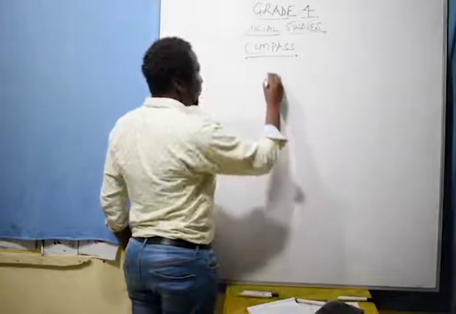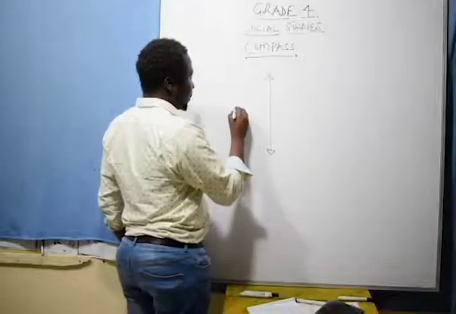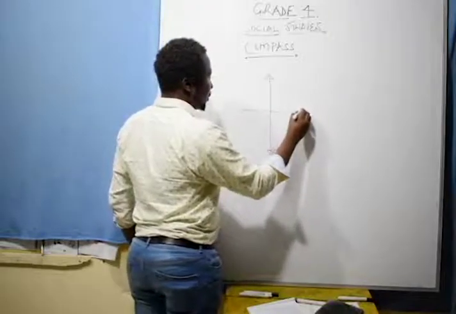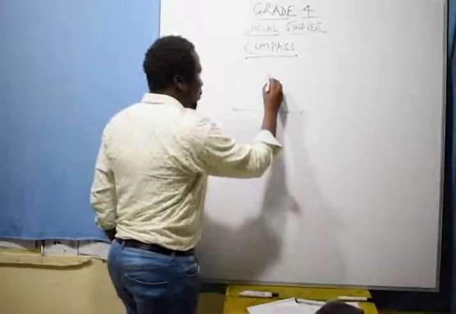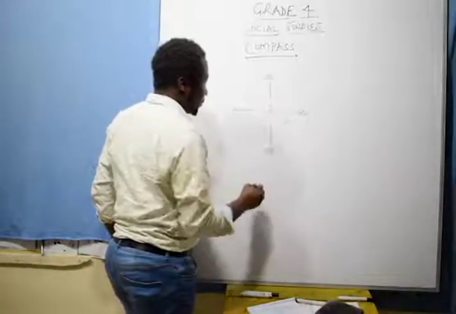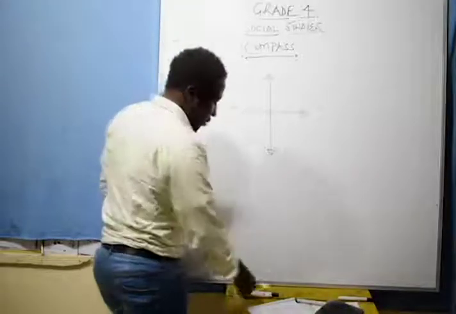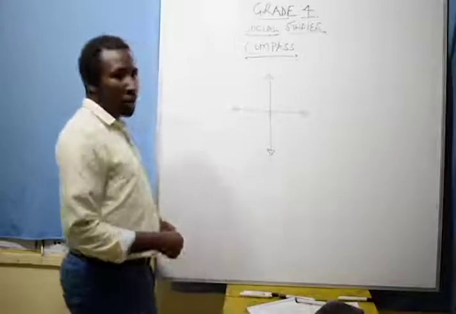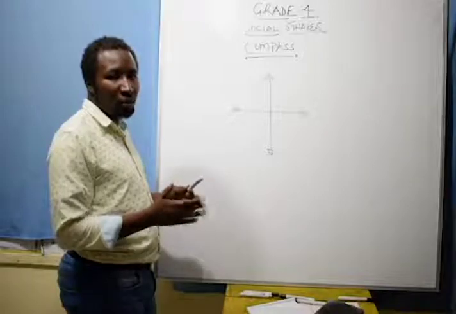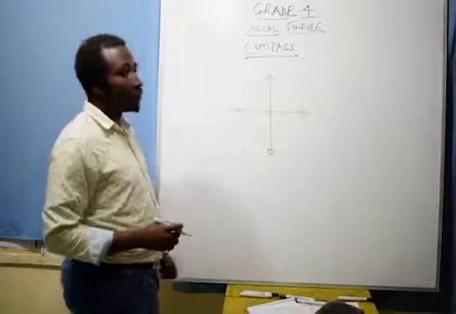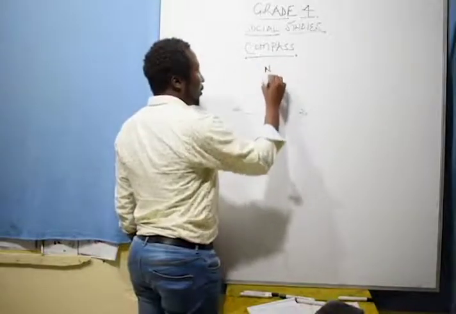This is the way a compass looks like. Now, let us name together the 4 main points of a compass, starting with the top. The top, we have what we call the north.